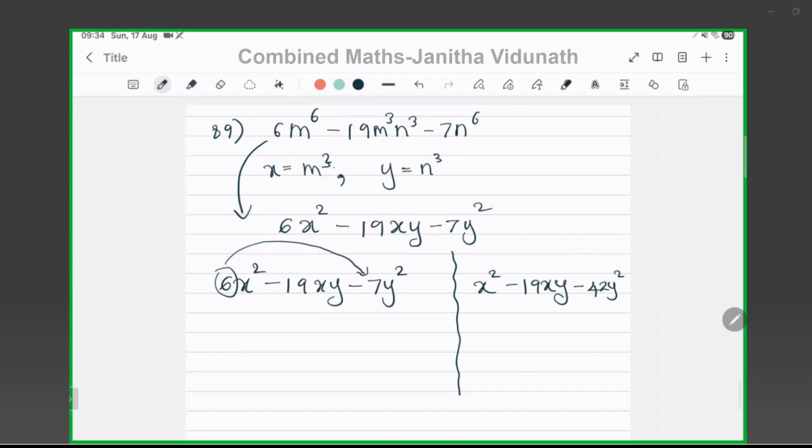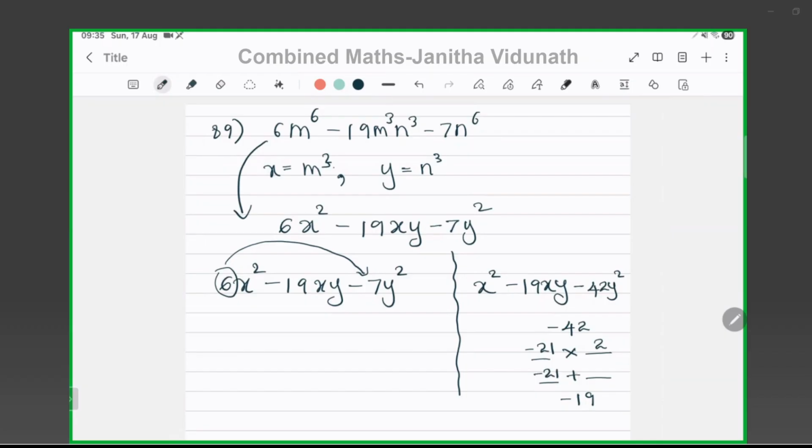Now we need to find two numbers that give minus 42 by multiplication, and the summation of these two numbers must give minus 19. We can find these two numbers as minus 21 and plus 2.